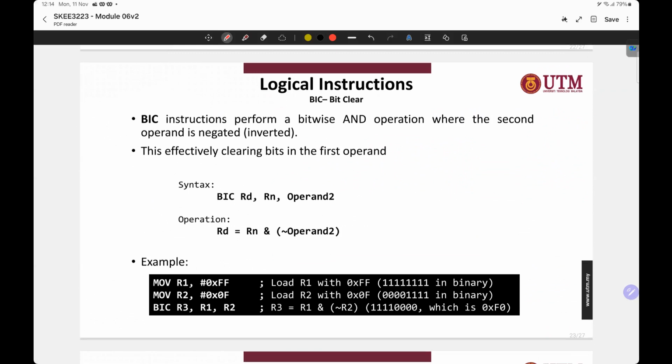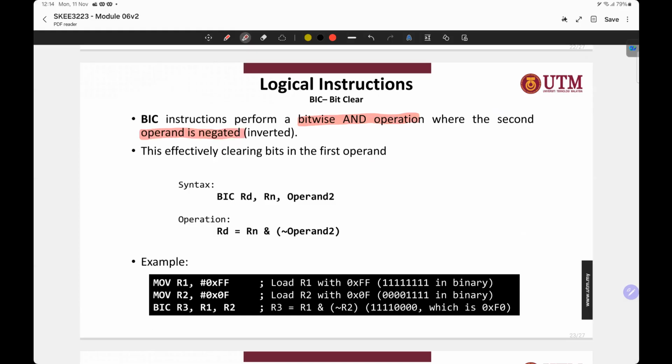Which is BIC. BIC stands for bit clear, and this BIC performs a bitwise AND operation where the second operand is negated, or inverted. So that means we will invert the second operand.